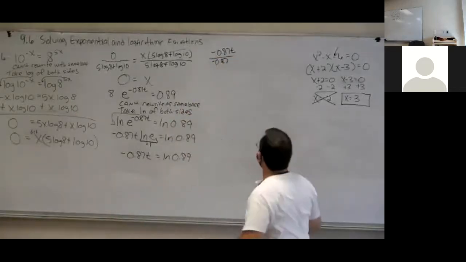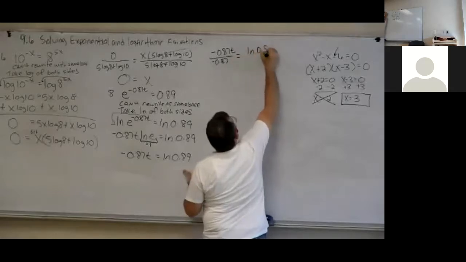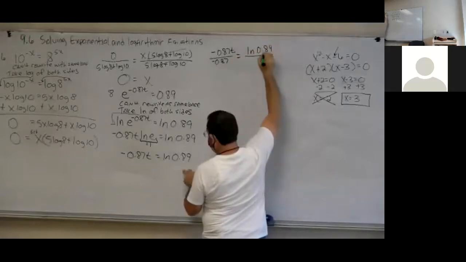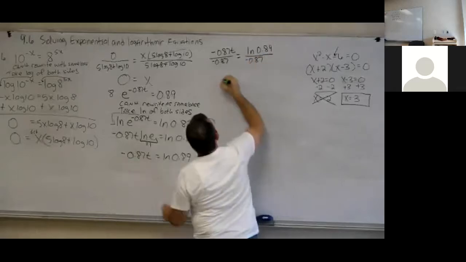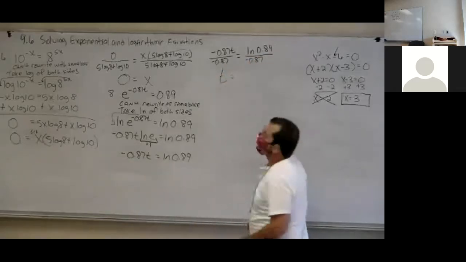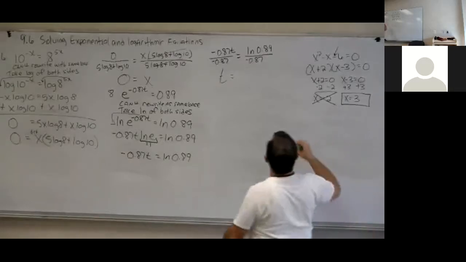And then that'll equal this side, ln of 0.89 divided by negative 0.87. So when you do that, make sure you close the parentheses on the ln 0.89.